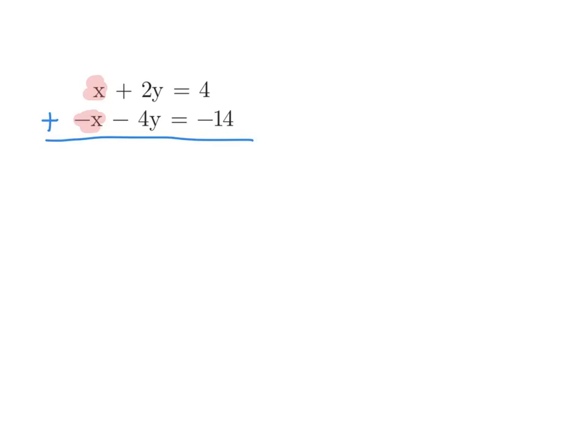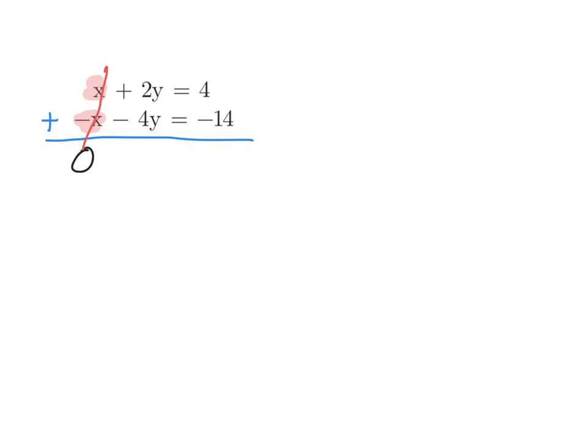So when I have x plus negative x, what does this equal? 0. In reality we don't have to write the 0, but for now I'm going to write it. A lot of times you will see a line drawn through them because they cancel out. They get eliminated. You don't have to write the 0, but I want you to understand why it does equal 0.